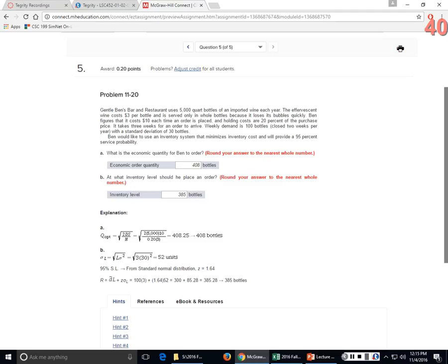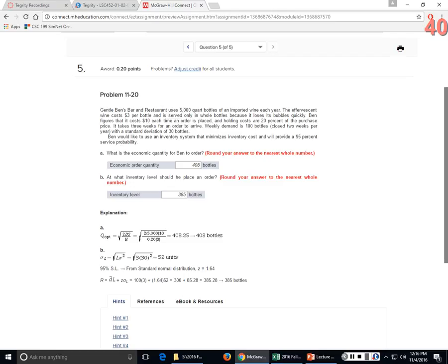Now I'm going to plug in 2 times 5,000 times my setup cost of 10, divided by my holding costs, which are 3 times 20%. If we do the math, that should come out to 408.25, or we round off to 480 bottles.